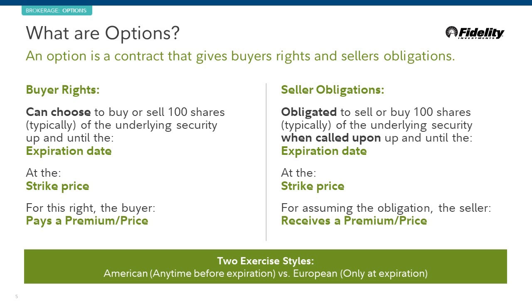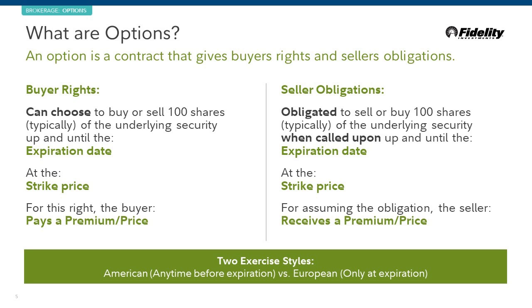Now, in addition to the contract life, we also talked to keep into motion that standardized theme is that there is what's referred to as a strike price. Now, that's a little bit of an option-specific lingo if you've never heard that before. A strike price is simply the price per share that the contract is either going to give you the right to either buy or sell, or the price per share that you're going to be obligated to buy or sell.